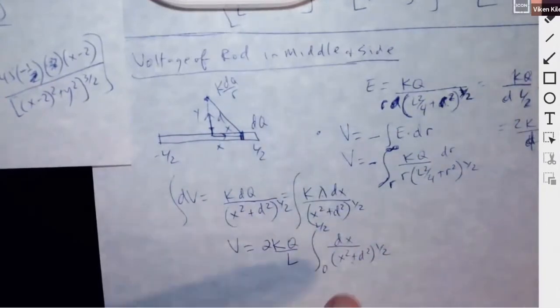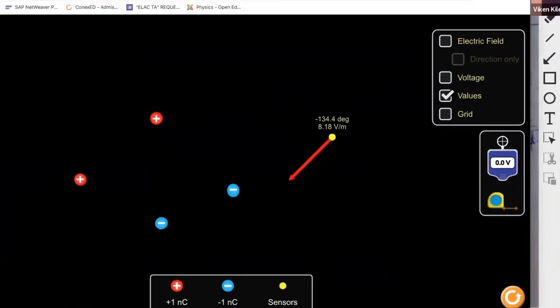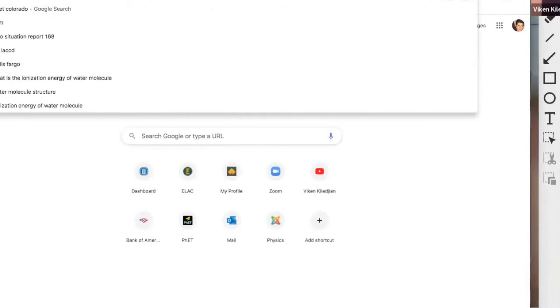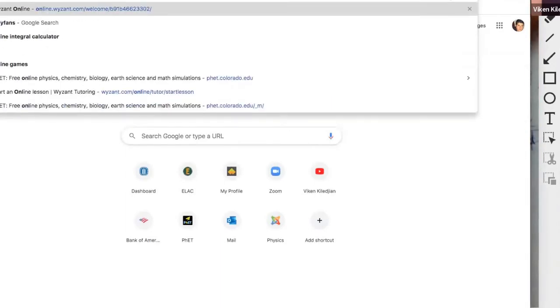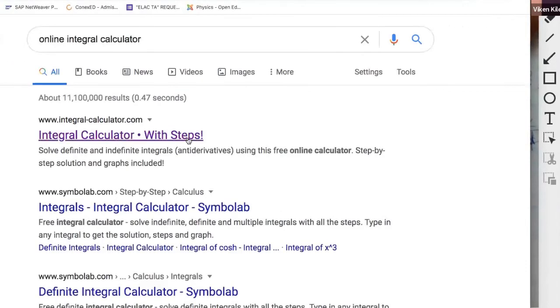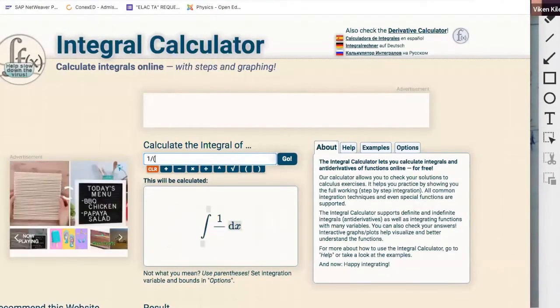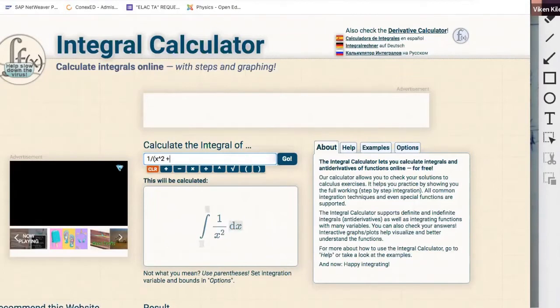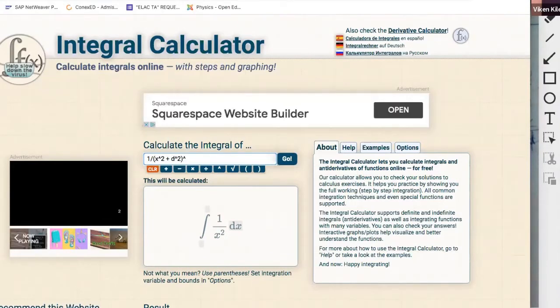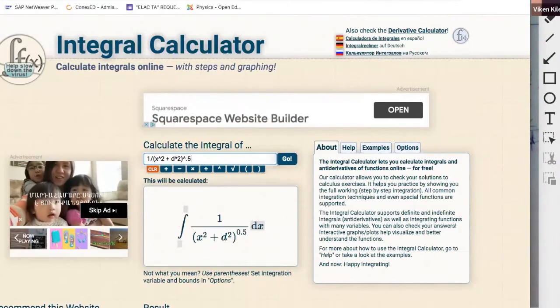You see? So then let me go to an online integral calculator and integrate that. 1 divided by x squared plus d squared to the power 0.5, from zero to L over 2.